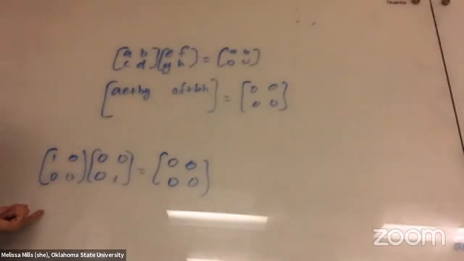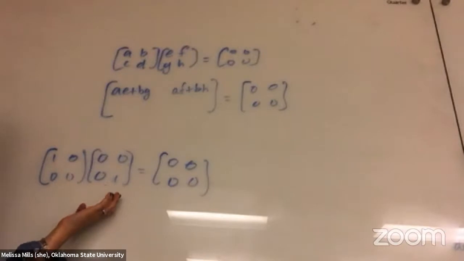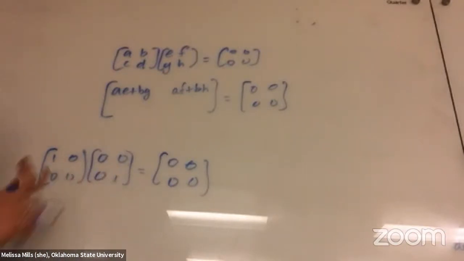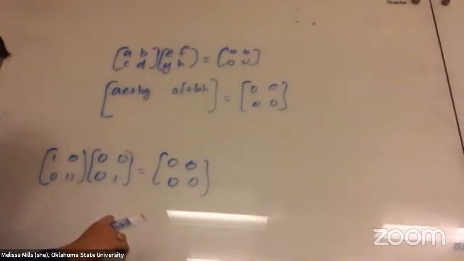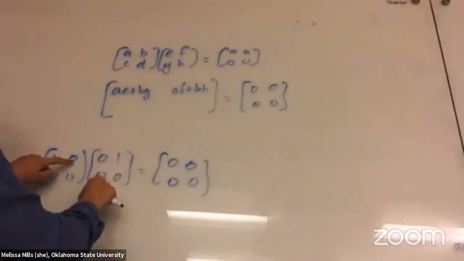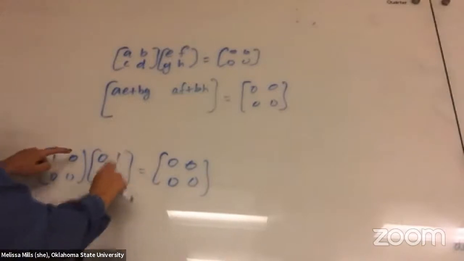So this one actually shows that it does have zero divisors, because I have these two non-zero matrices multiplied together, but they're equal to zero. I was just fiddling with where to put ones to make this work. At first I put the one up here, and then I was like, oh, whoops, I'm going to get a 1 times 1. So I'm going to get a 1 in there.